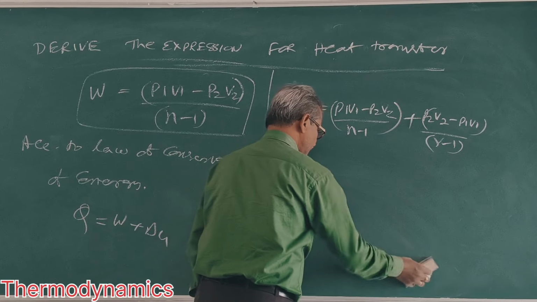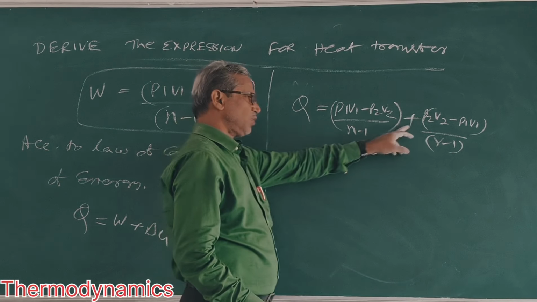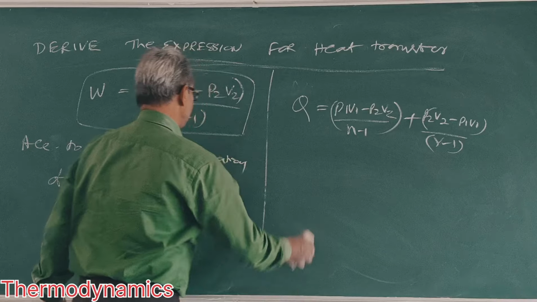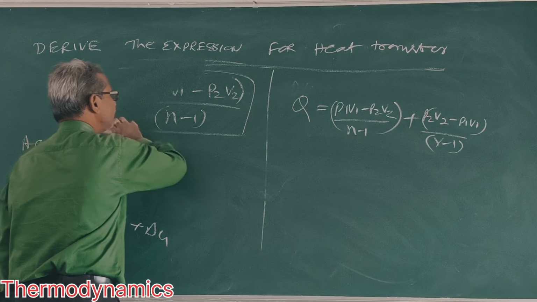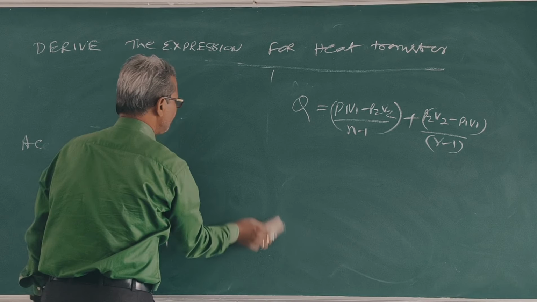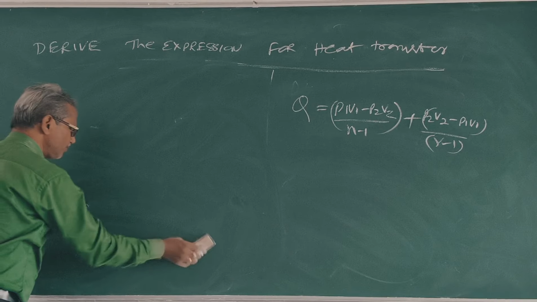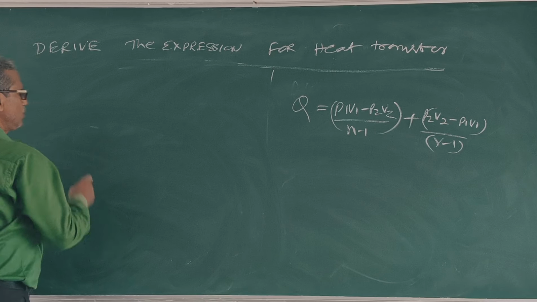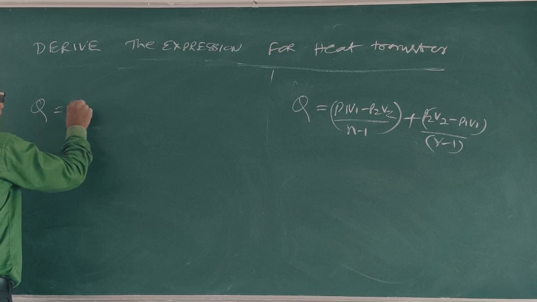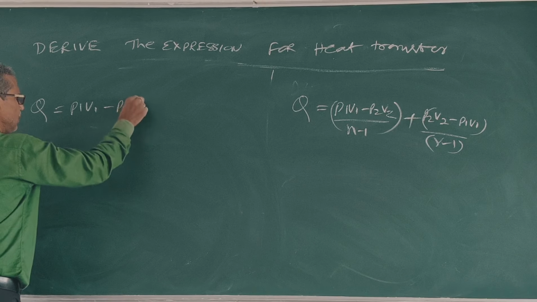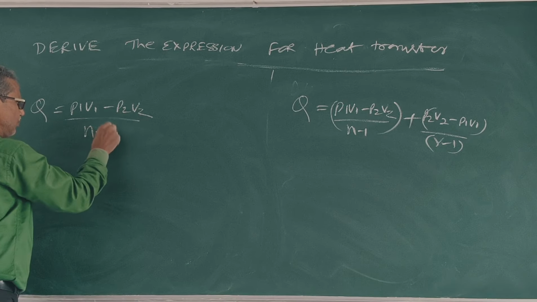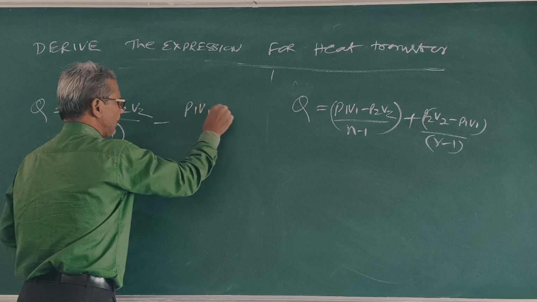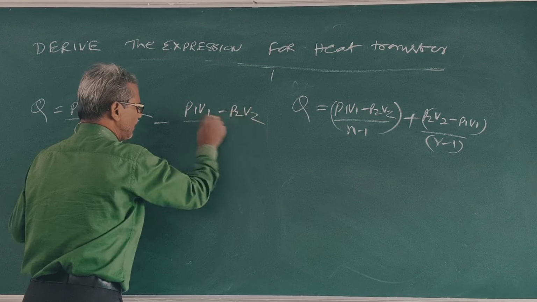So make negative common from this side. Q is equal to (P1 V1 minus P2 V2) by n minus 1 minus (P1 V1 minus P2 V2) by gamma minus 1.